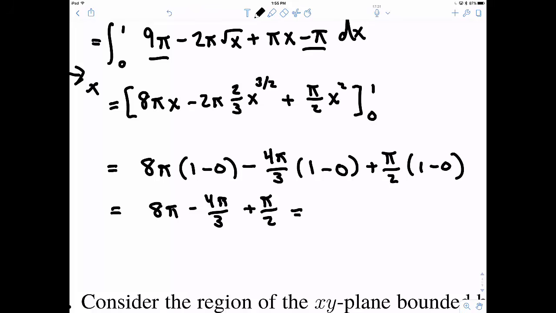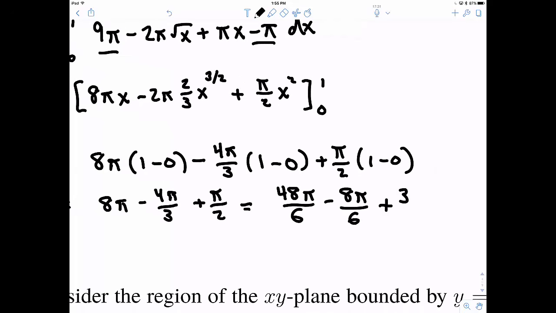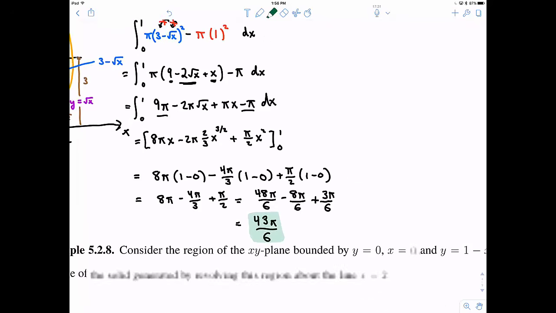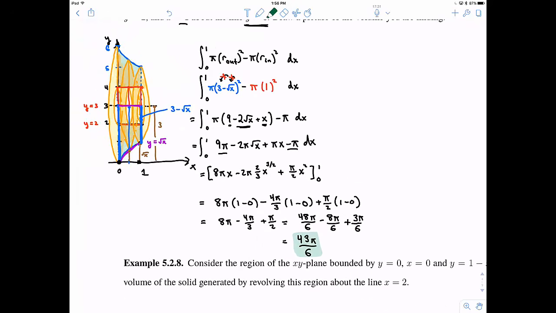You need sixths, which means you're going to get something like 48 pi over 6 minus 8 pi over 6 plus 3 pi over 6. And now that we have a common denominator, this is going to give us 43 pi over 6, which is our final answer. That is the volume of our tree stump with a hole drilled out of it.